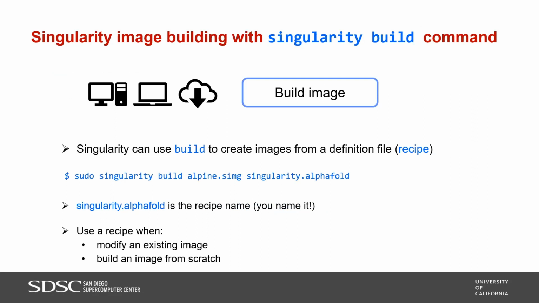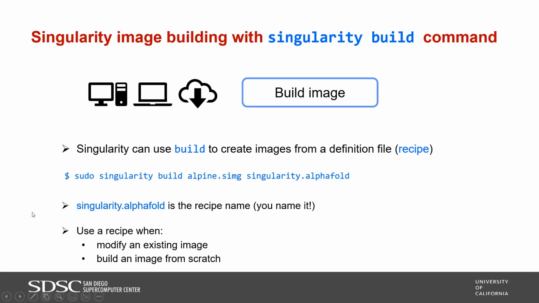Okay, so we just saw several very popular repos that can be used to build the images. But Singularity can also use the build command to create images from a definition file. We usually call it a recipe.